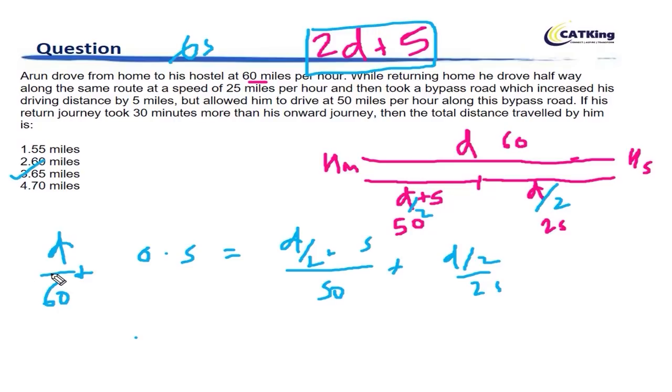Now, which number do you think is of the form 2d plus 5? Although each of these numbers can be expressed as 2d plus 5, by looking at the options, which ones look more probable? So 55 and 65 seem more probable to fit in the form 2d plus 5 with d becoming an integer, right? So we should try these options out first.